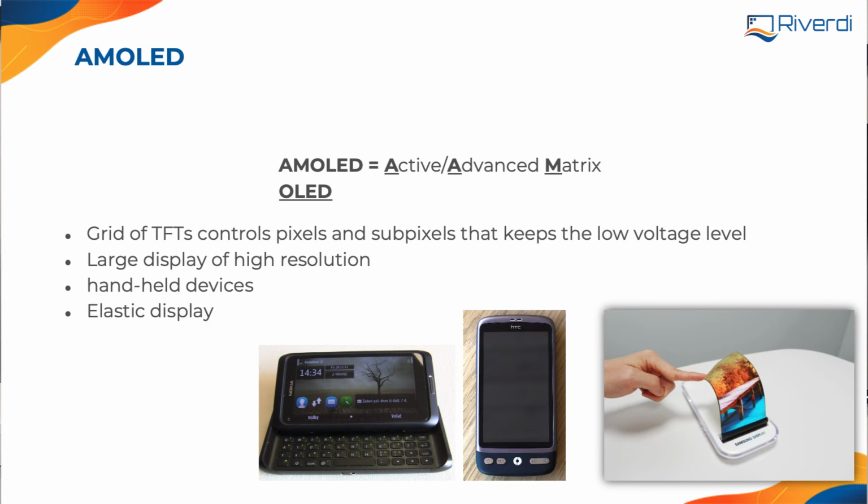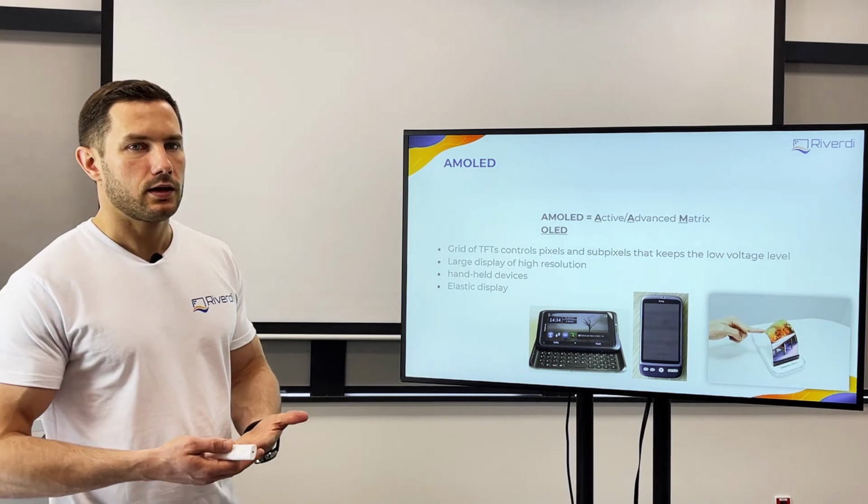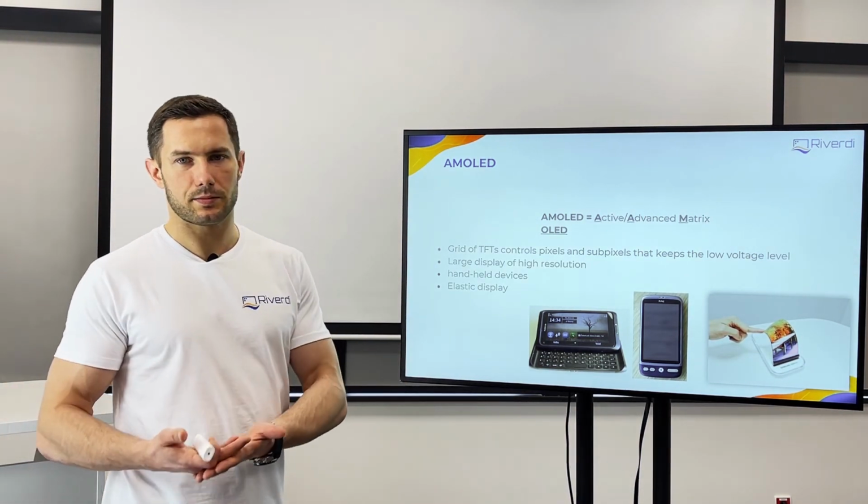Okay, so we have a PMOLED, so passive matrix OLED, and we have of course AMOLED, which is active matrix OLED. So it's like going from STN monochrome displays to the TFT displays, so to the active displays with the LCDs. Here we have the same, so we add the transistors in every pixel, like in a TFT. The substrate layer, the backbone of the AMOLED display, is pretty much the same as in TFT.